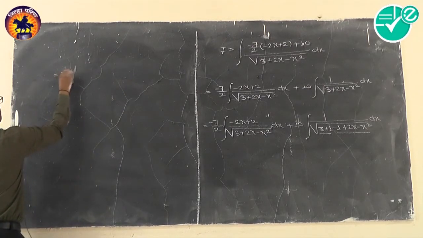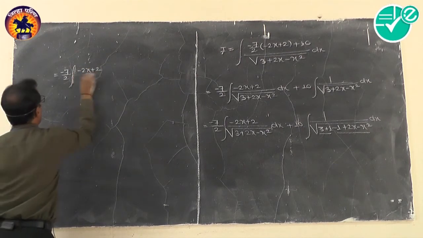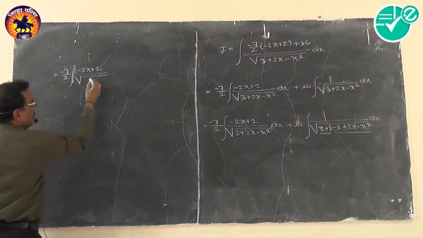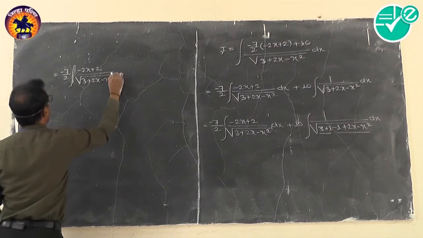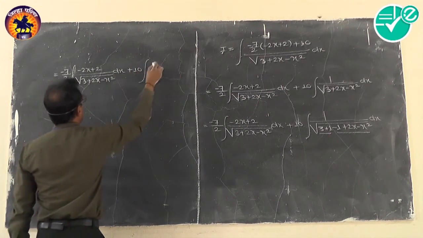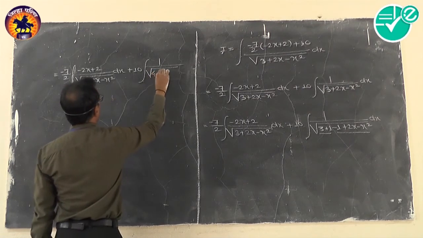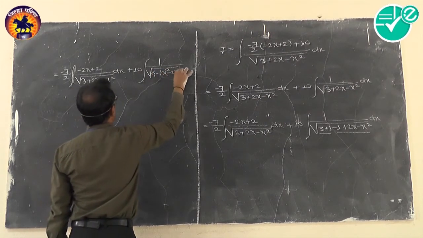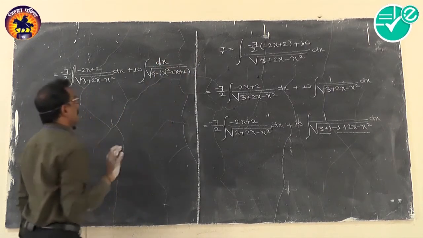It is written like this: minus 7 by 2, minus 2x plus 2 upon square root of 3 plus 2x minus x square dx, plus 10 into 1 upon square root of 3 plus 1, 4 minus x square minus 2x plus 1. Actually I will write dx here only.